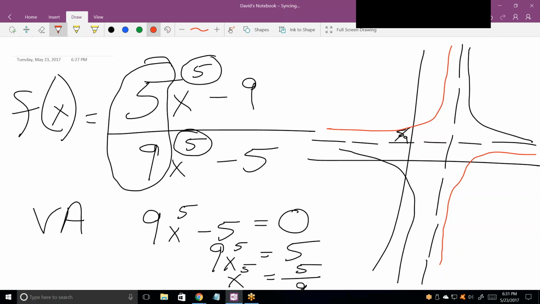Well, you got to pick a value for x, and then figure out what the f of x value is, and you'll be able to determine whether we're looking at the red graph or the black graph. What's a good value for x to pick? 0. What is f of 0? 9/5. That's up there. The red is our graph.